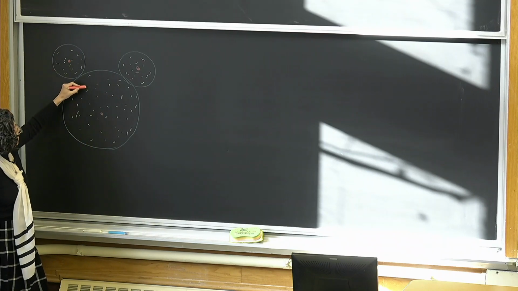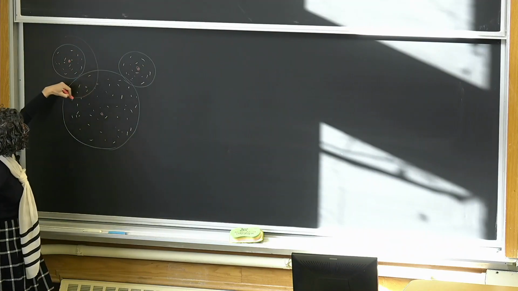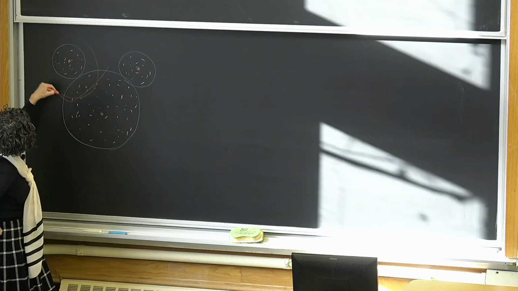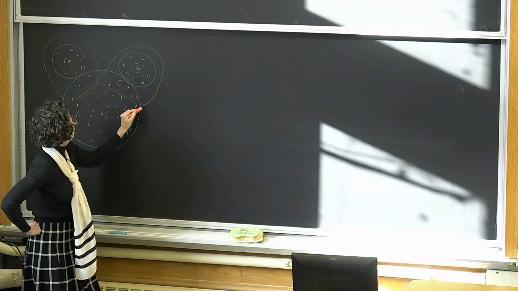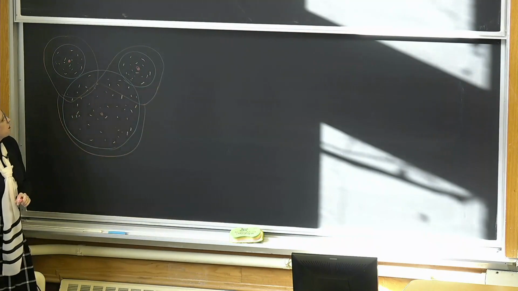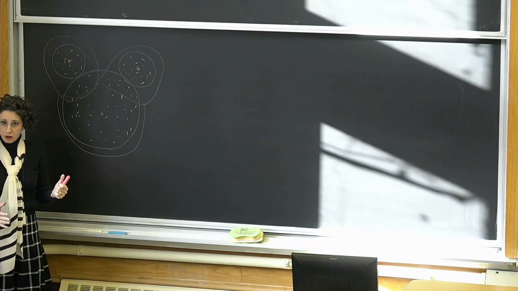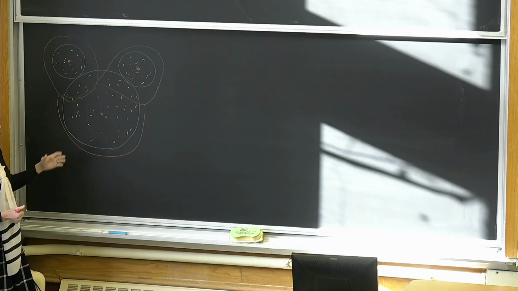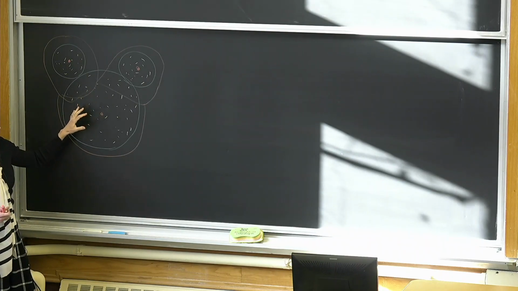And so points like this would be closer to one of the ears than to the center of this one. And so we'd end up getting clusters that might look more like this in red. And this is not necessarily intuitive to us because it's not adapting to the geometry and structure in this data set.